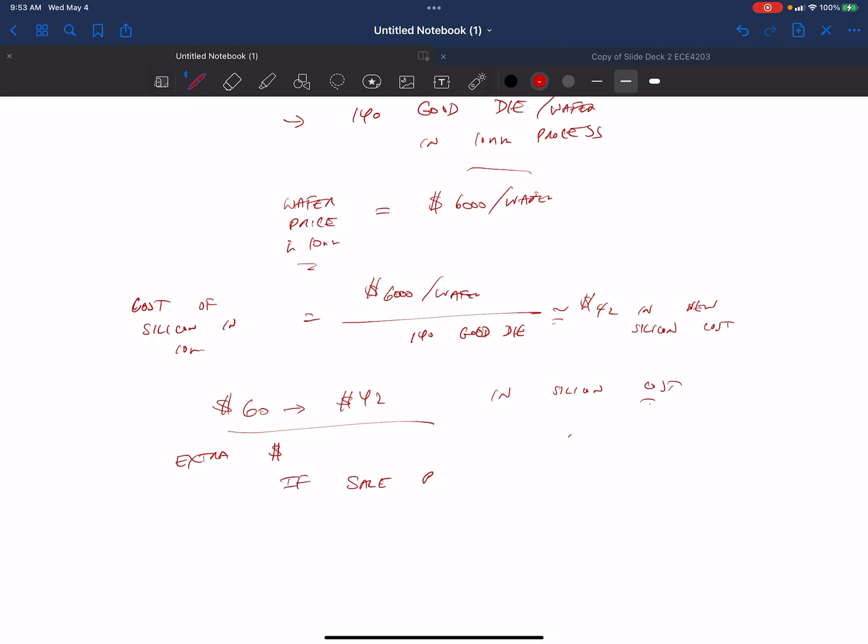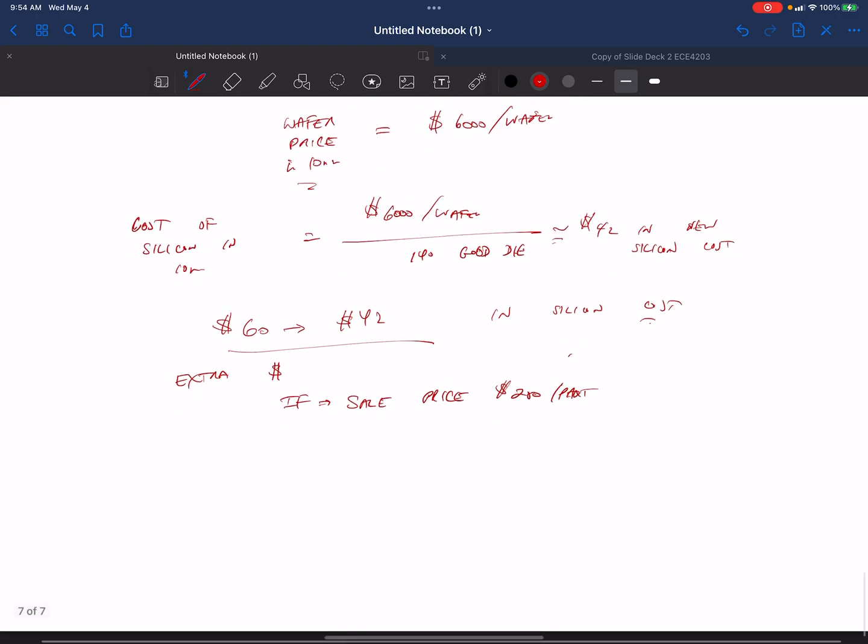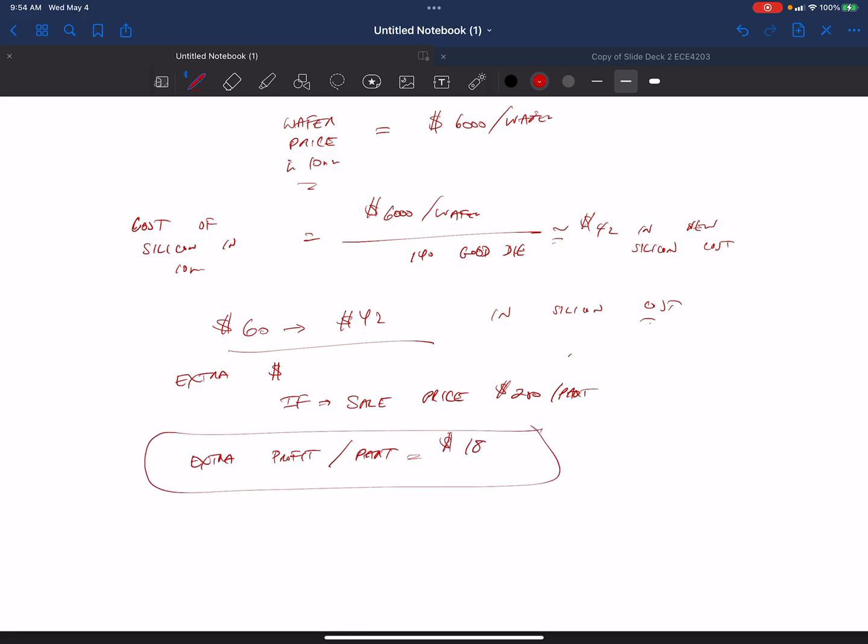So if sale price stays at $200 per part, our total cost of goods sold went down by $18. So that's how much extra we'd make per part. So extra profit per part is $18 under these assumptions.